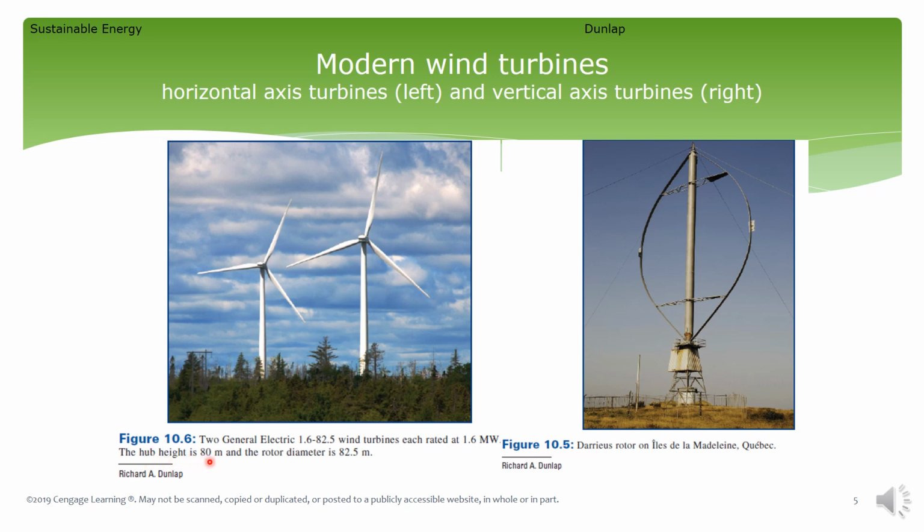Hub height is 80 meters and rotor diameter is 82.5 meters, so pretty big. And the right one is a Darrieus rotor in Quebec. It looks big, but in reality this one is much bigger.